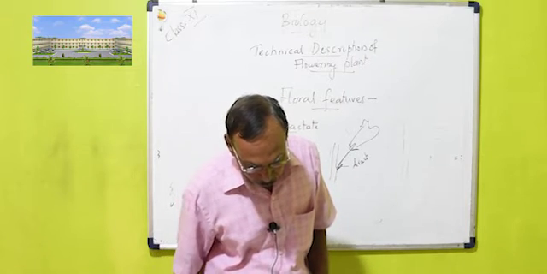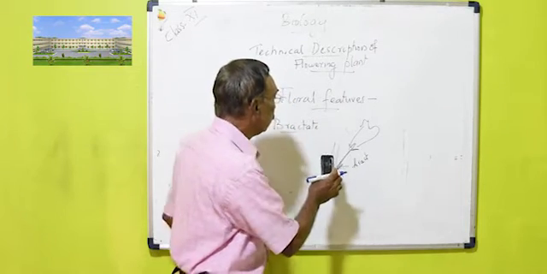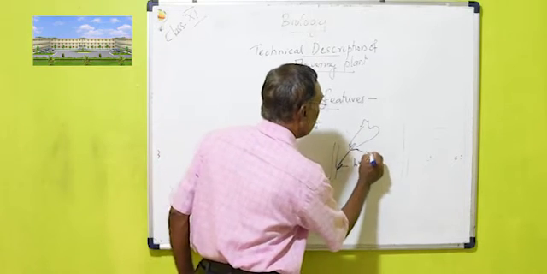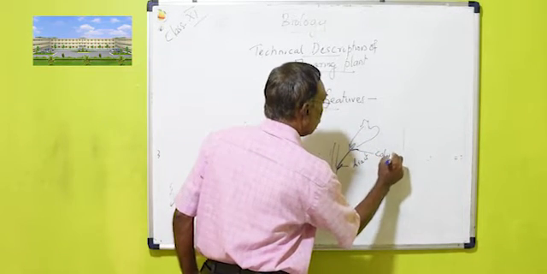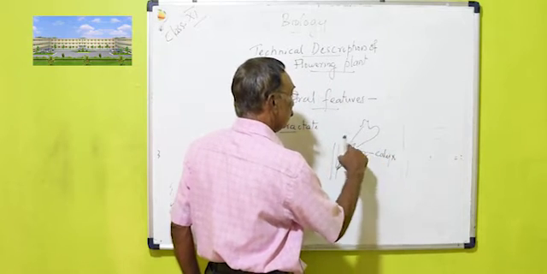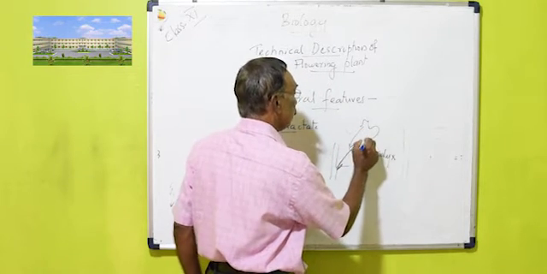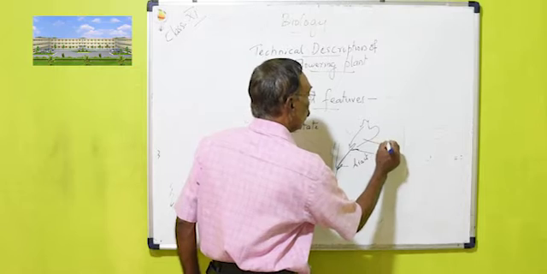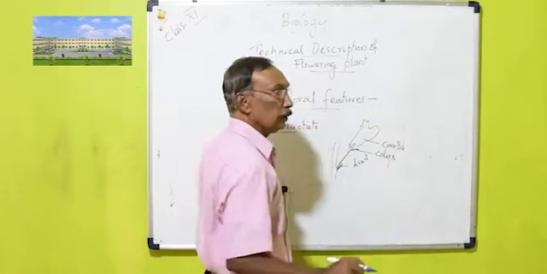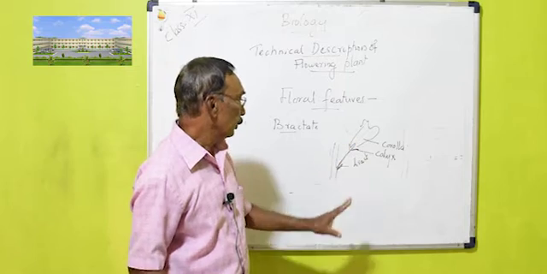Next is the calyx, which is made up of sepals, five or any number of sepals. The corolla is made up of petals, then the androecium, stamens, and the gynoecium.